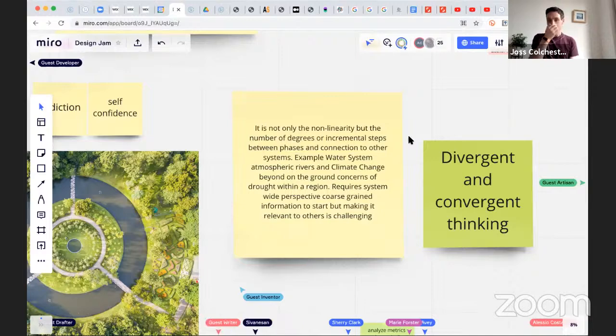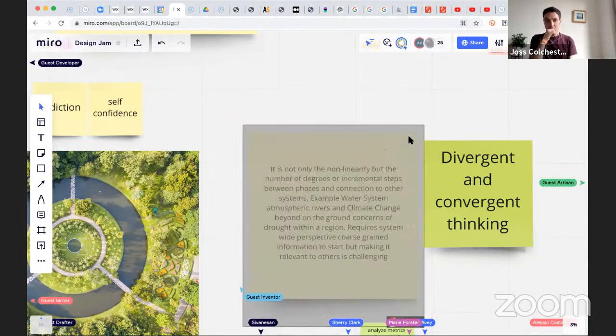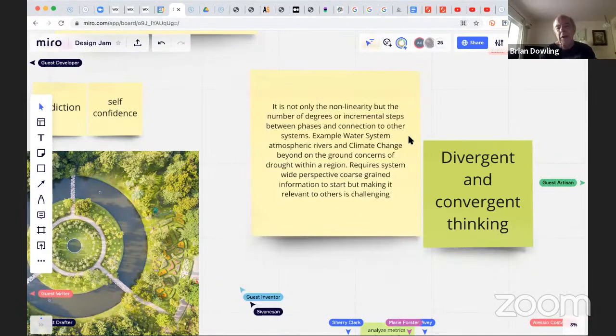Anybody want to talk on this? That was me. I mean, it's hard enough dealing with nonlinearity, you know, you need calculus and all that kind of good stuff. But when what you're dealing with is, for example, we've got a drought going on in California right now, okay?